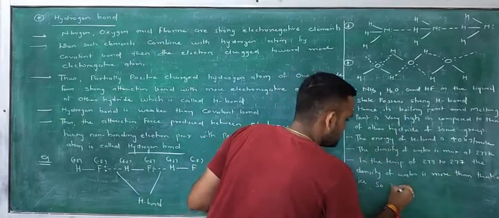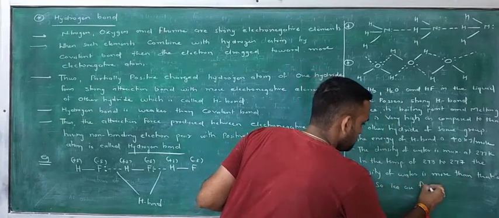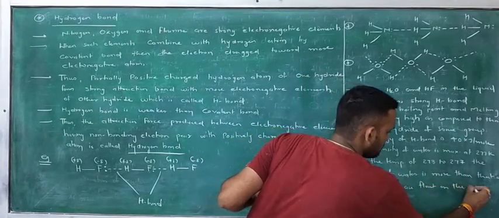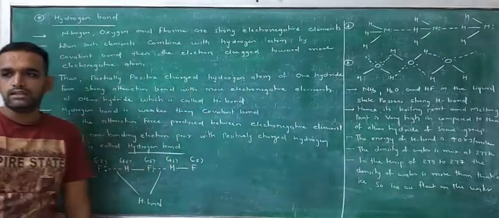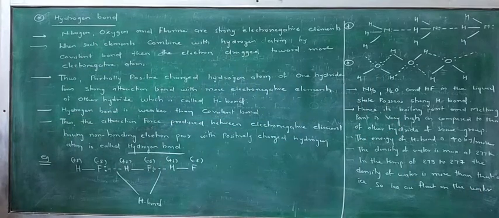So ice will float on the water. Understand? Is it clear? Right?